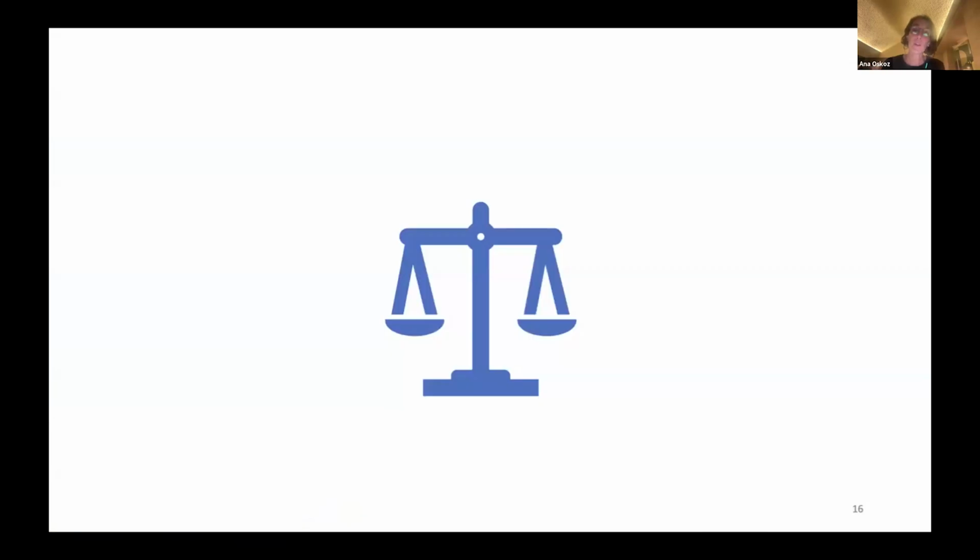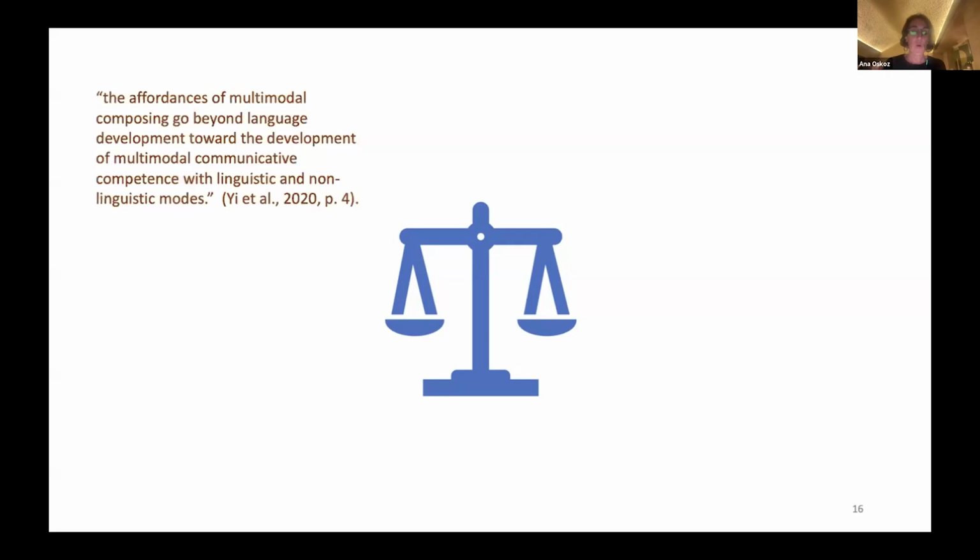Now, what is really important here is that language structures we are embracing in multimodal composing, and this is a balancing act for us. On one hand, we are moving from multimodal composing towards the development of a multimodal communicative competence in which we need to be aware of both the linguistic and the non-linguistic modes.